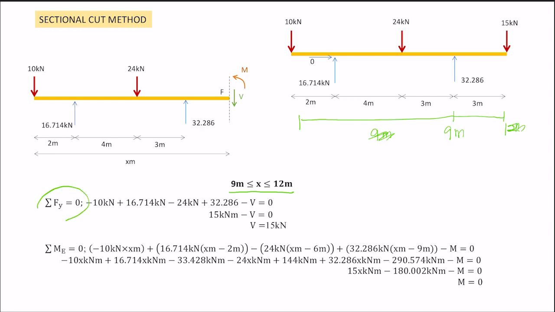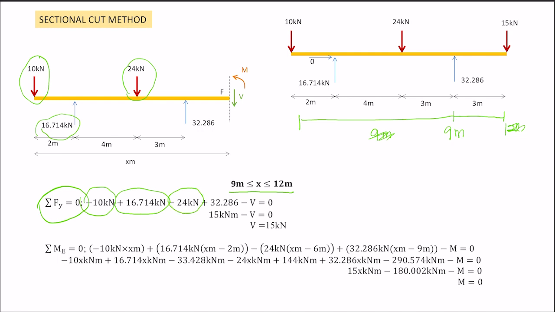Total force in the Y direction equal to 0. Okay, so we look at negative 10 downward. Because it is downward, that's why it is negative 10. Plus 16.714, the reaction of RAY is going upward, so positive 16.714. And we have one load 24 kilonewton downward, negative 24.